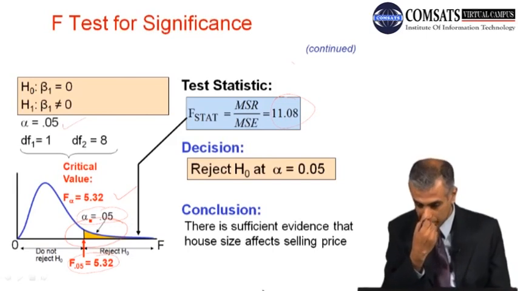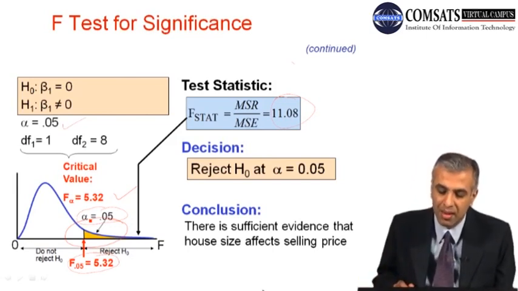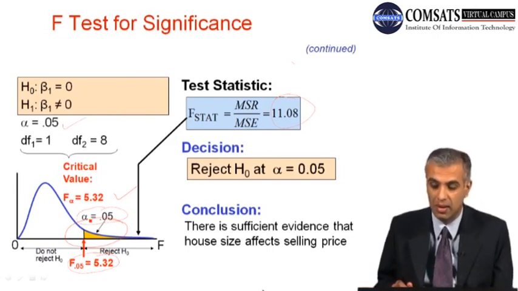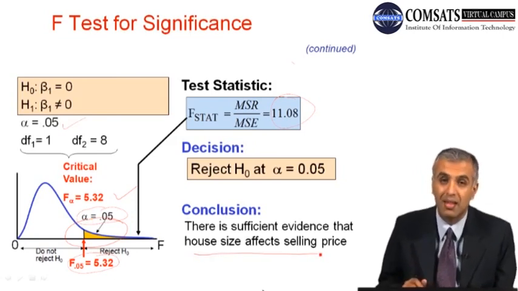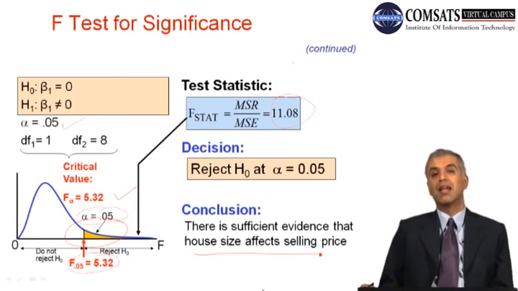So based on this null hypothesis acceptance or rejection, we conclude our final statement here, in which it is stated that house size in fact affects the selling price, the data for which we have been testing in all these examples.